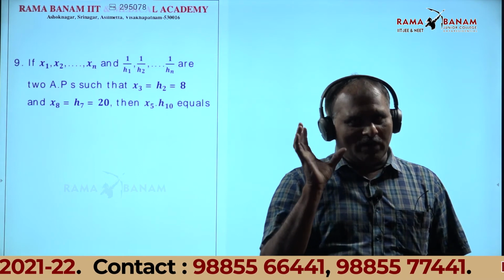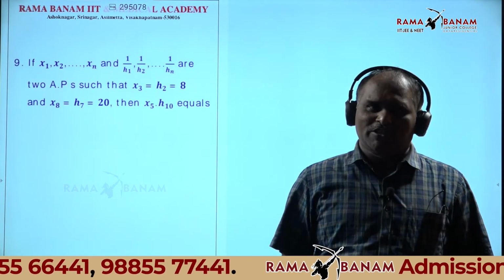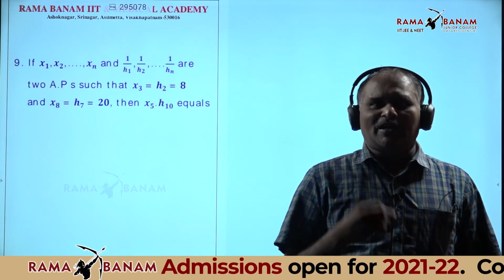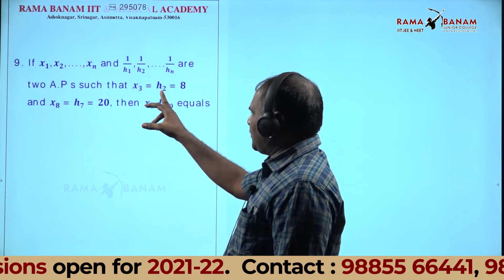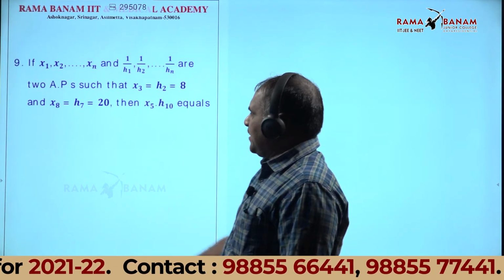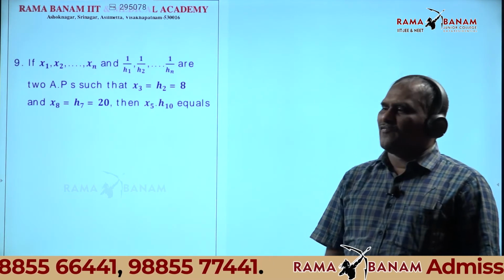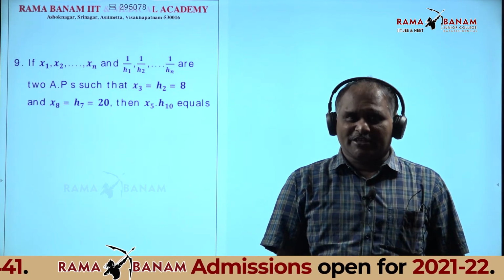First one is one arithmetic progression, second one is also one arithmetic progression, but the terms are different: first terms different, common differences different. But x3 and h2 values are given, x8 and h7 values are given. What is the value of x5 into h10?